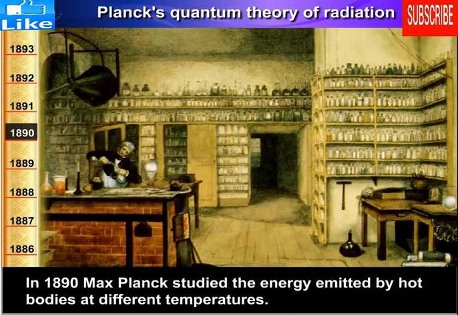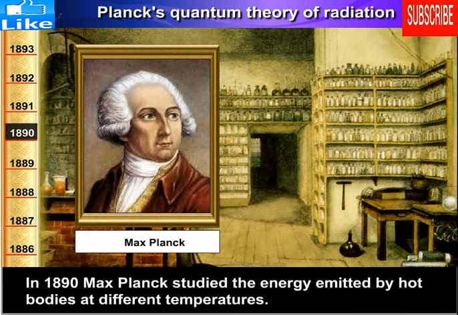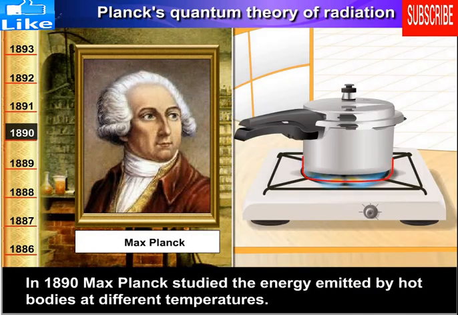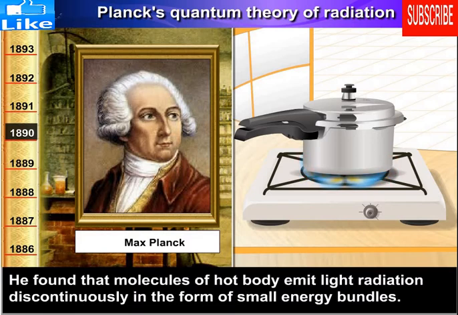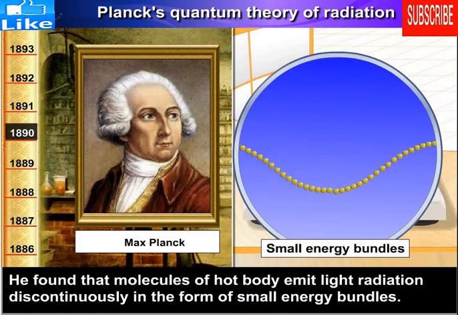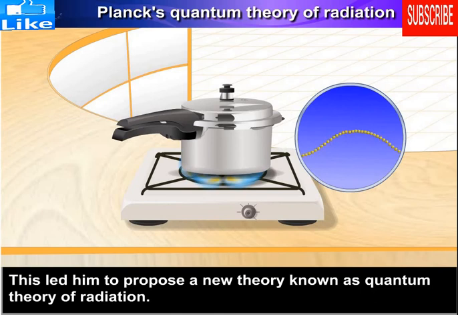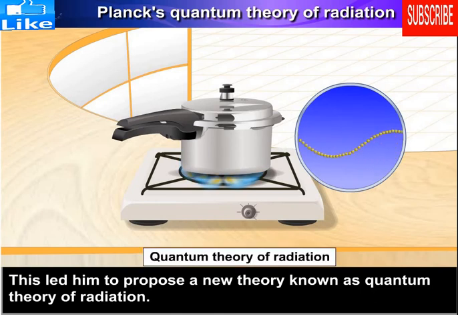In 1890, Max Planck studied the energy emitted by hot bodies at different temperatures. He found that molecules of a hot body emit light radiation discontinuously in the form of small energy bundles. This led him to propose a new theory, known as the quantum theory of radiation.